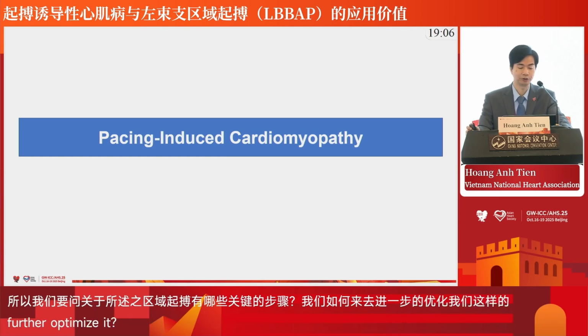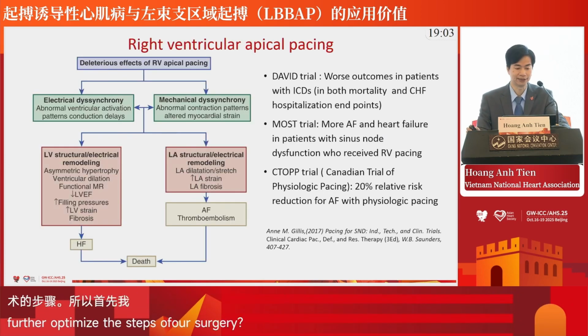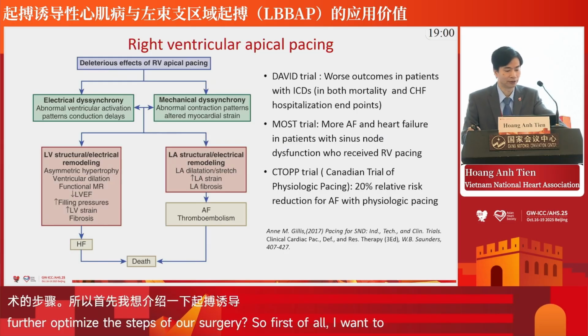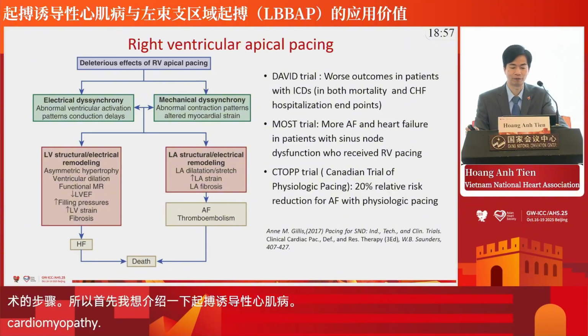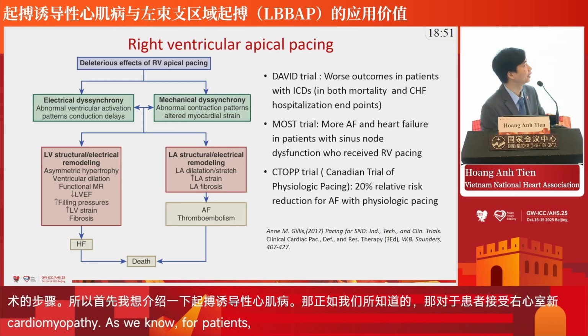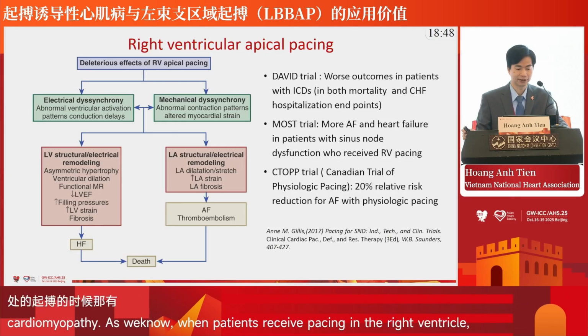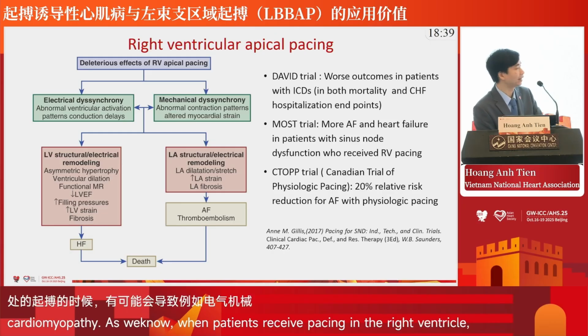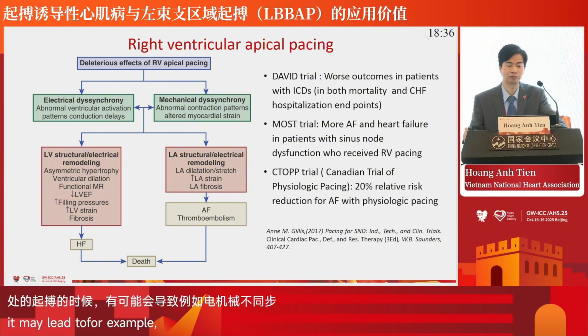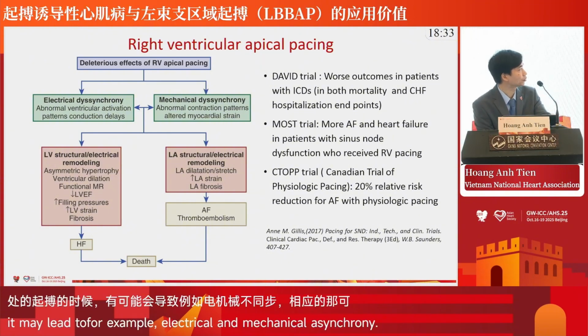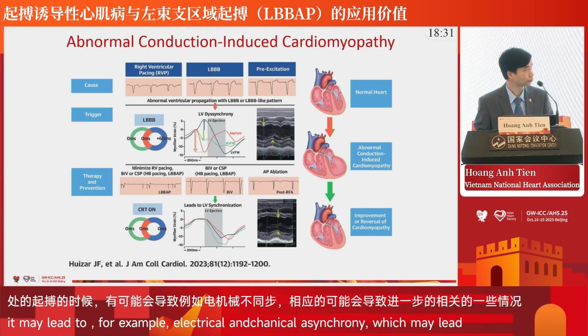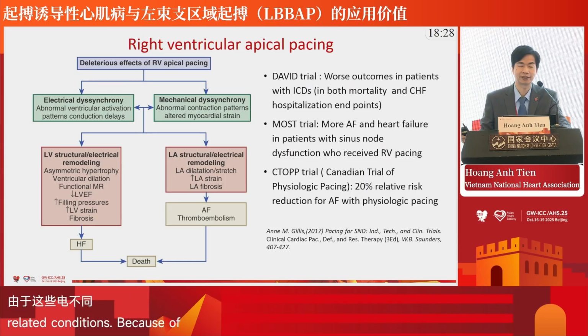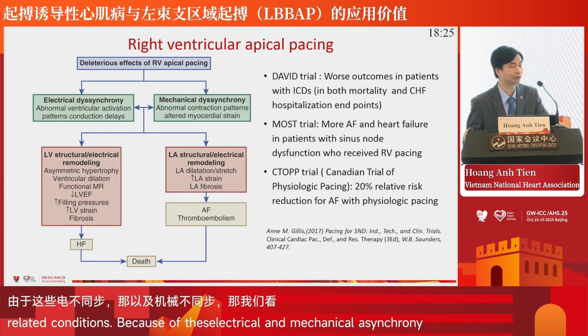First of all, I would like to introduce pacing-induced cardiomyopathy. As you know, when a patient has right ventricular apical pacing, it can have a deleterious effect. It can lead to electrical and mechanical dyssynchrony, and to left ventricular structural and electrical remodeling, and also increased left atrial stress and left atrial fibrosis.